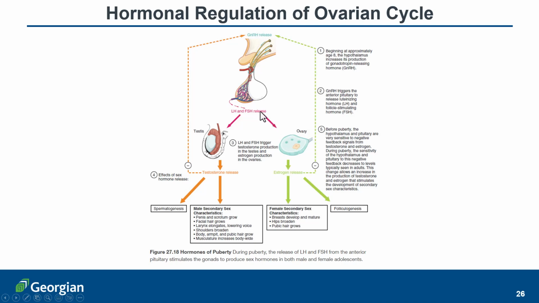LH and FSH will travel through the bloodstream to the ovaries, thereby triggering the release of estrogen. And ultimately, estrogen promotes the development of the follicle. We'll see that when we look at the diagram of the ovarian cycle. Estrogen also promotes the development of female secondary sexual characteristics, including the maturation and development of the breast, the broadening of the hips, and the growth of the axillary and pubic hair.